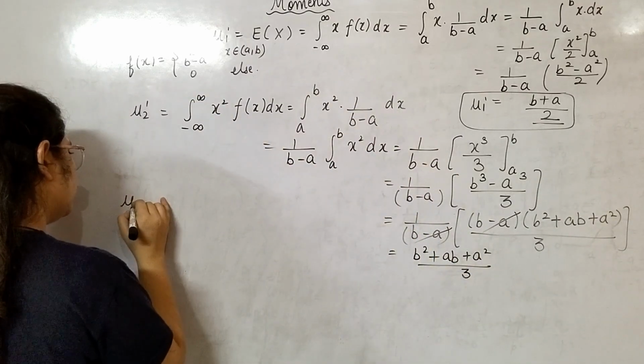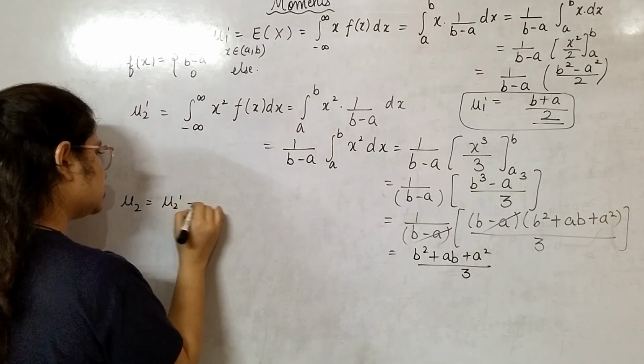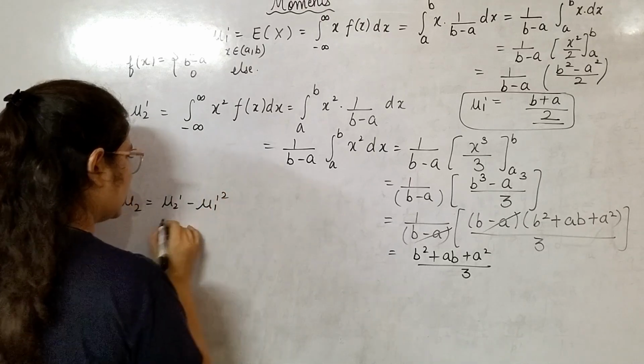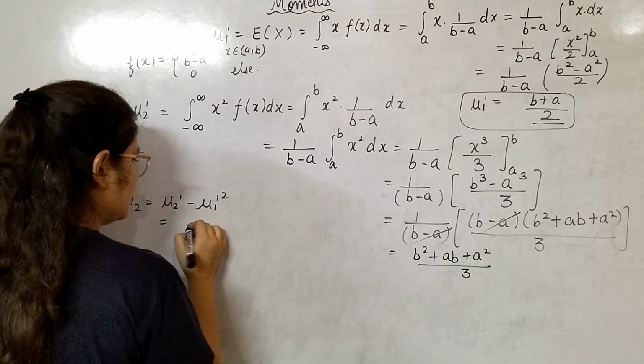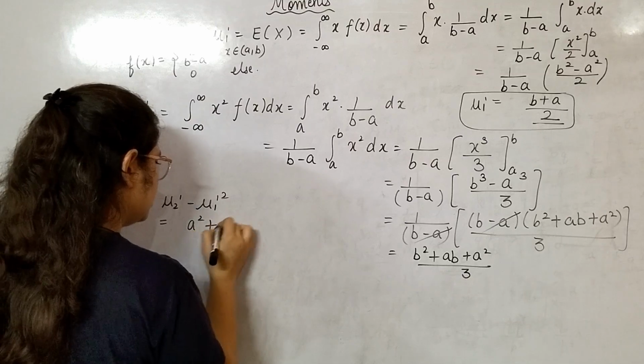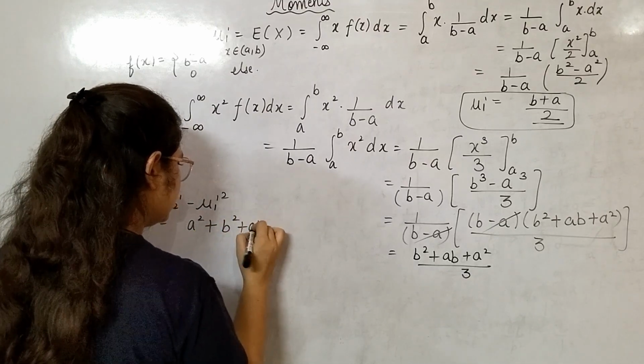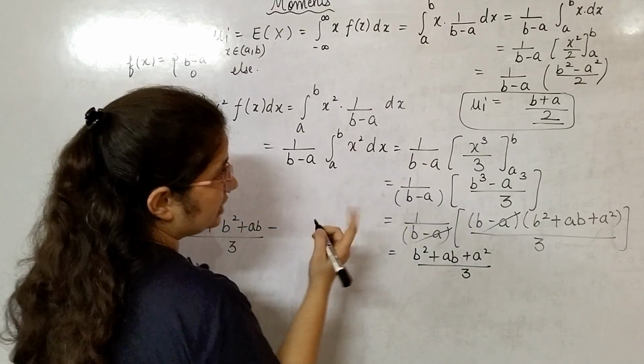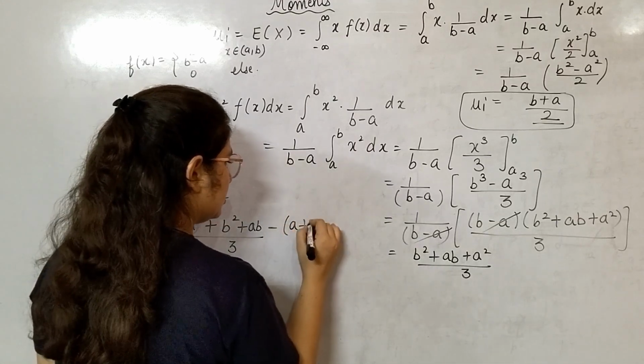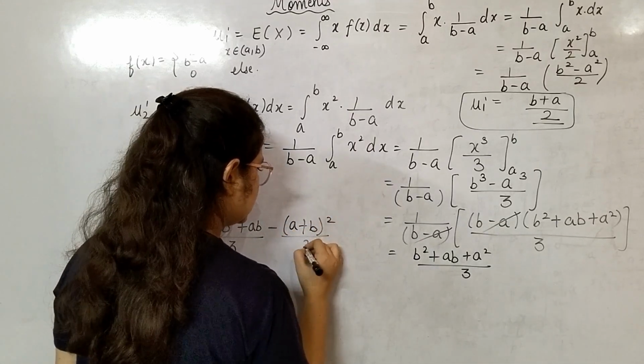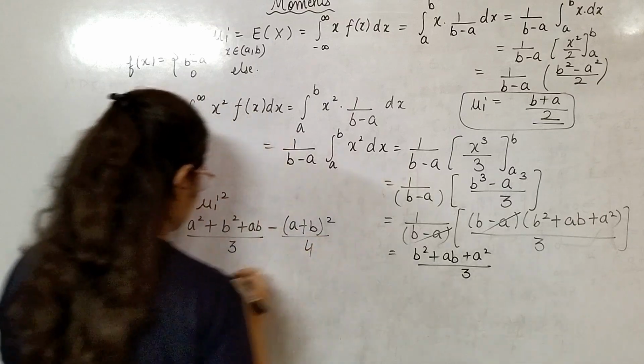Now the variance mu2 is equal to mu2 dash minus the square of mu1 dash. I am writing it this way: (a square plus b square plus ab) by 3 minus ((a plus b) by 2) whole square, which is 4 in the denominator.